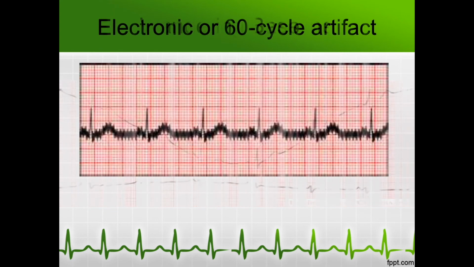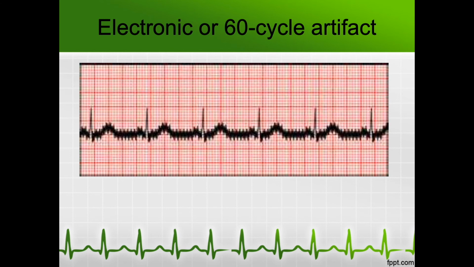Here we see an example of 60 cycle or electronic interference from another device. This is actually quite common if the other electronic devices are not properly grounded or if they have some sort of electrical fault, like frayed insulation.